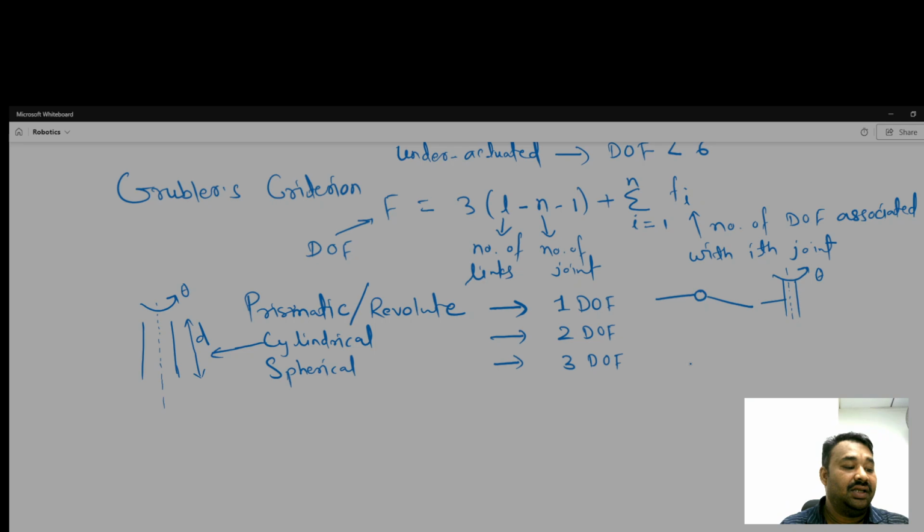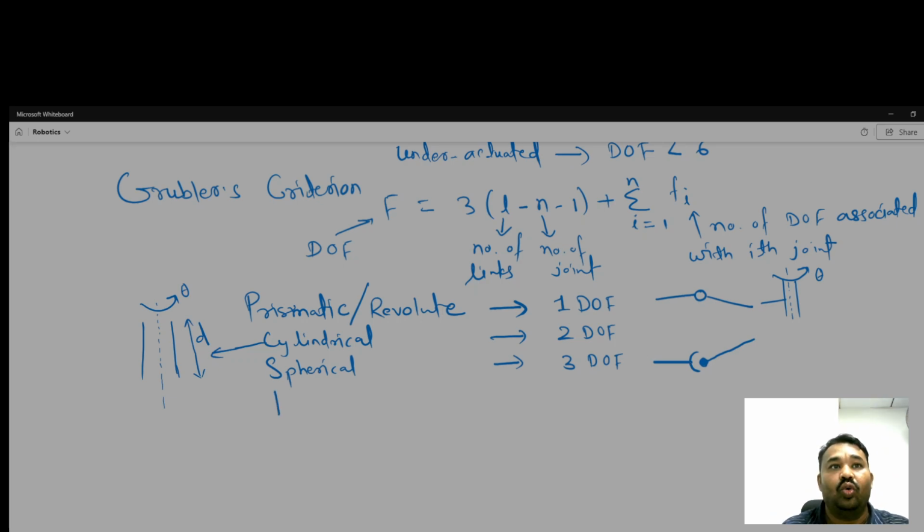Similarly the spherical joint is like that, the schematic you can also see. It can rotate about all the axes. That's why 3 degrees of freedom, like our shoulder joint.